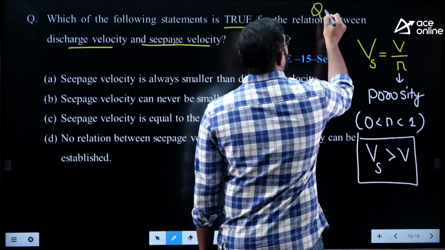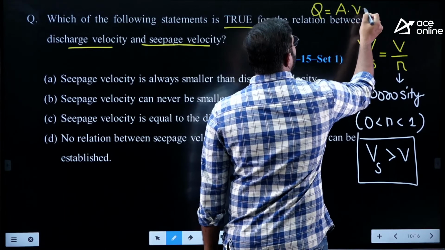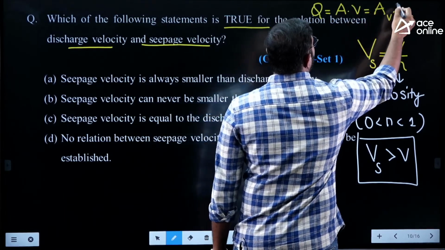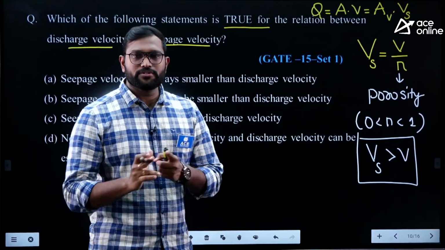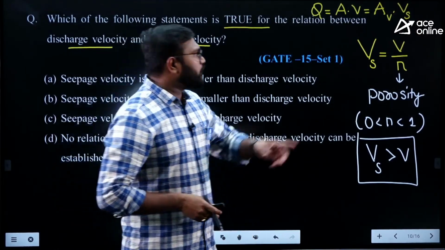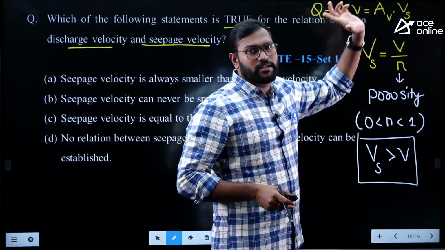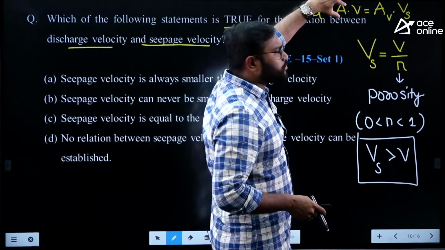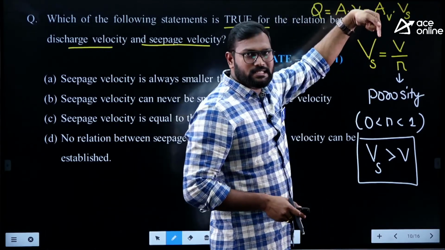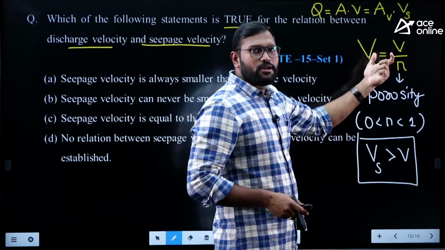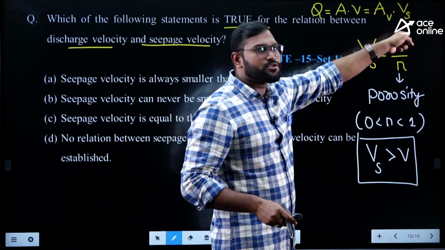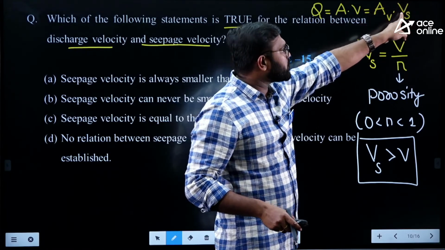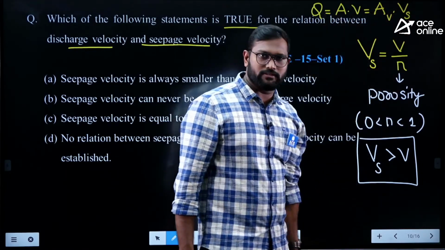You know discharge Q is equal to area into V, is equal to area of voids into seepage velocity. You know the flow rate is the same, so the product should be the same, and if one value decreases, the other value should increase. Compared to total area, area of voids is less. If area decreases, to keep the product constant, seepage velocity should increase, which means seepage velocity is obviously more than the discharge velocity.